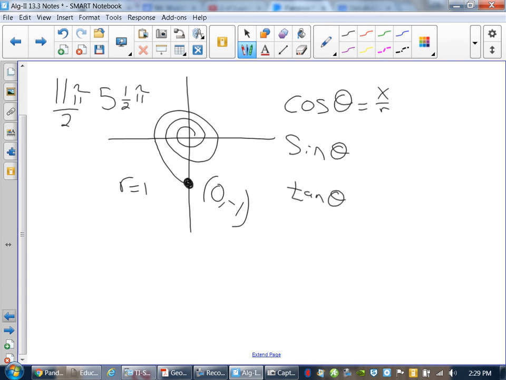So the cosine at what winds up being 3 pi over 2 is 0 over 1. Sine is -1 over 1, which is -1.